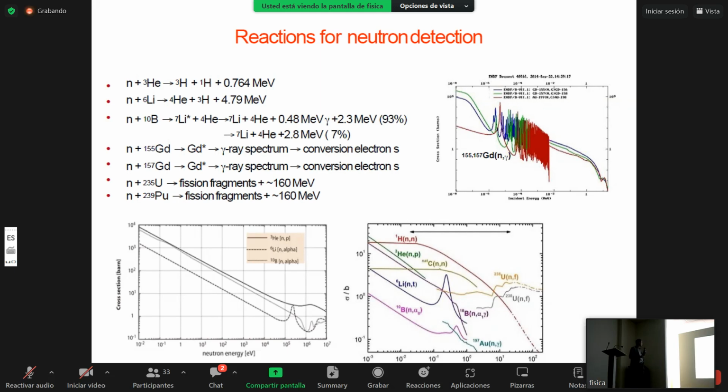The second reaction is neutron plus lithium-6. You have an alpha particle and a triton and a value of about 5 MeV of energy.